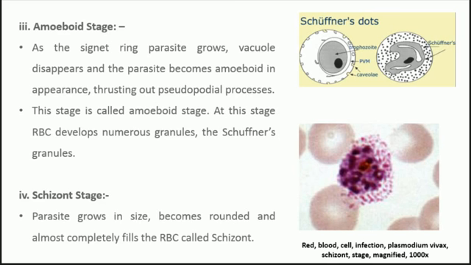You should know this. Again, this is after the signet ring stage. This is also a specific stage that occurs in a malarial patient's blood. Schuffner's granules will be present in the amoeboid stage. After this, you have another stage called the schizont stage, where the parasite grows in size, becomes rounded, and almost completely fills the RBC.